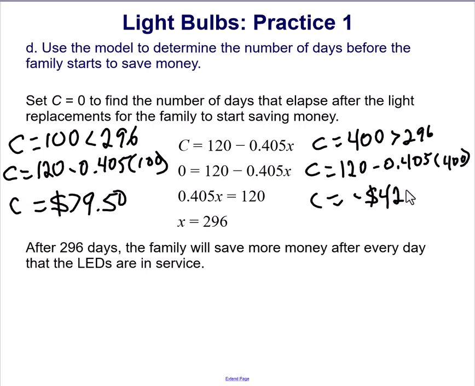So what does that negative mean? That means they didn't spend $42. What's the opposite of not spending $42? Saving $42. So they saved $42 on the 400th day of having these LED lights. So in my final analysis, what we're going to say is that after 296 days, the family will save more money after every day that the LEDs were in service.